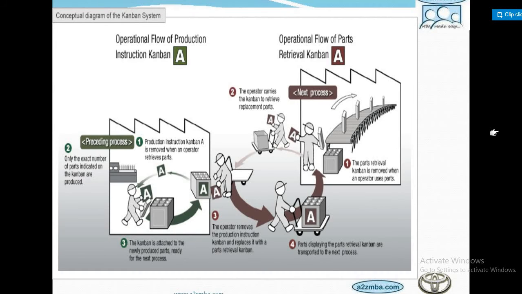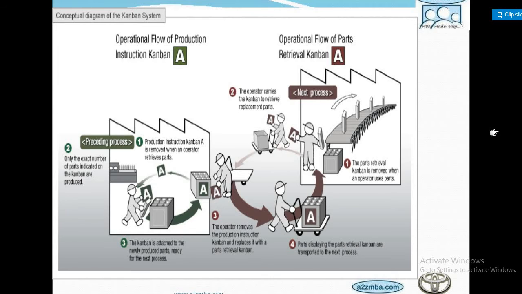Going further in this slide, as you can see, it is a conceptual diagram of the Kanban system, in which the production instruction Kanban is removed when an operator retrieves parts. Then only the exact number of parts indicated on the Kanban are produced.